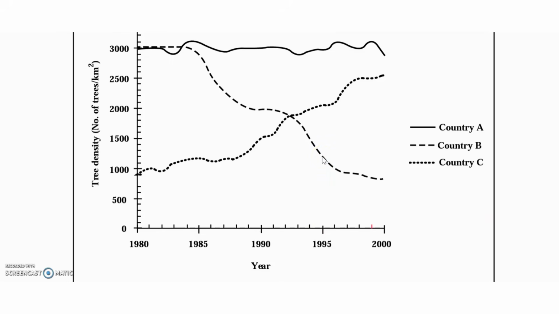When you use a straight line from that junction across into your y-axis, it will be roughly at 1,200. So we have the 1985 value as 2,900, whereas the 1995 value is 1,200. Keep that in mind for me.